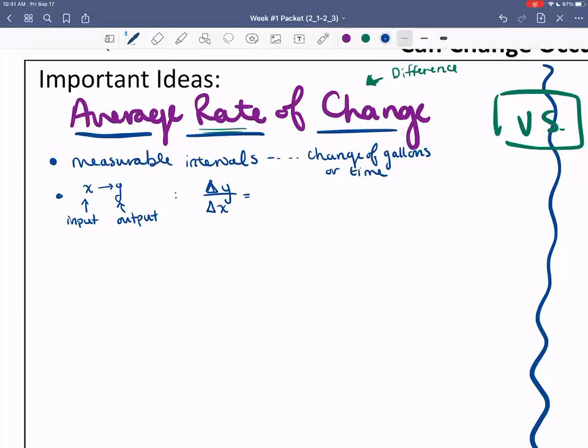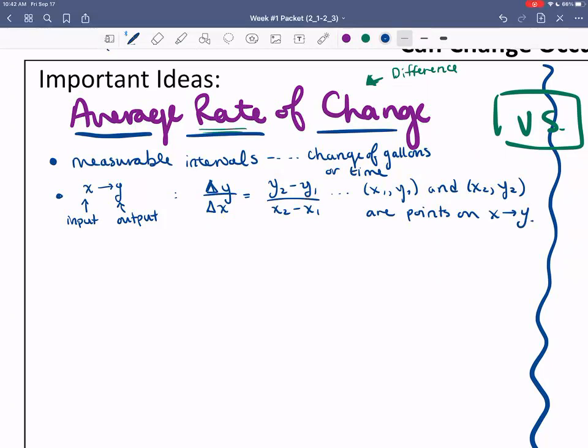We've probably also seen notation using coordinates. This would look like y2 minus y1 over x2 minus x1, where x1, y1 and x2, y2 are coordinates or points on our function from x to y.